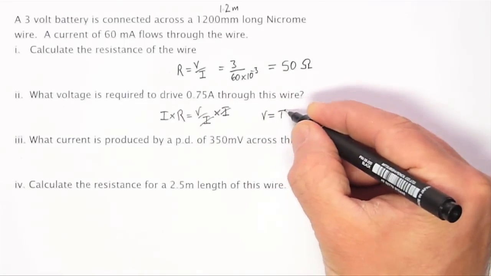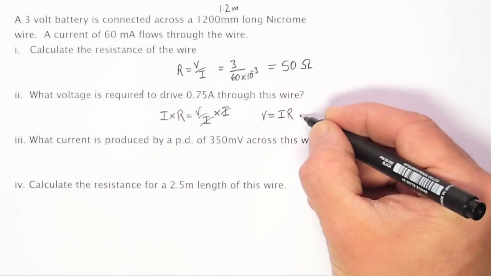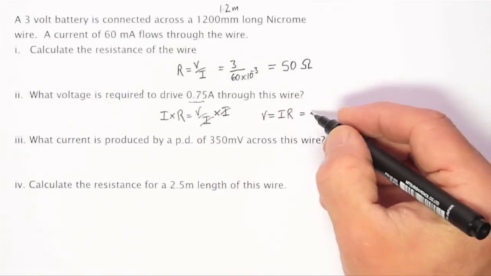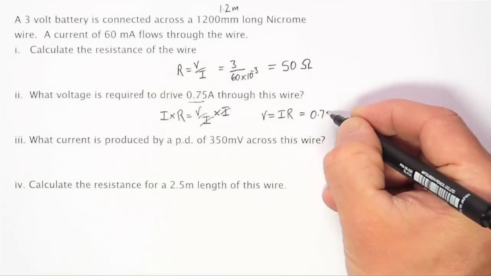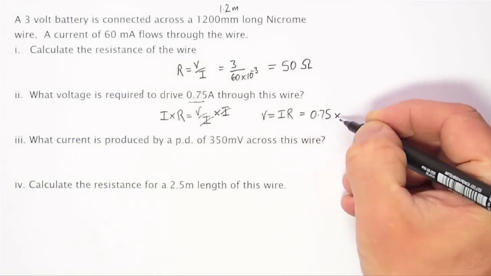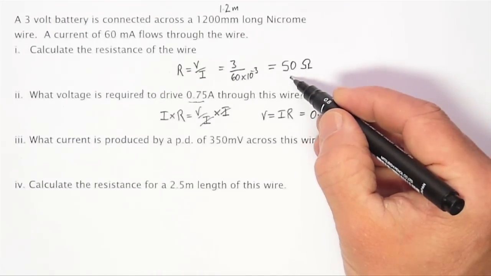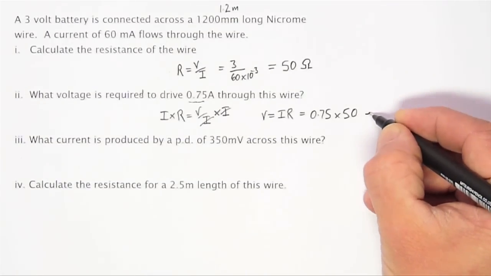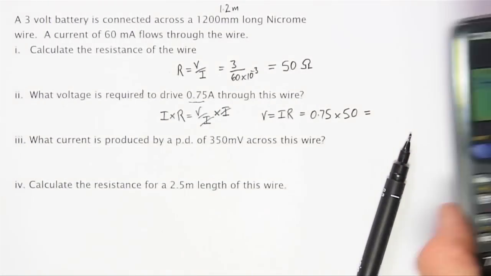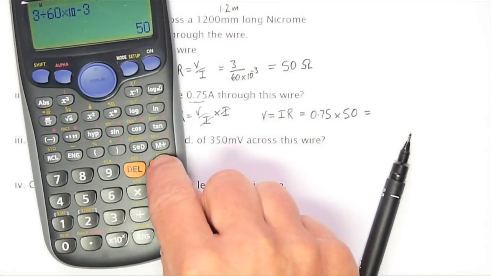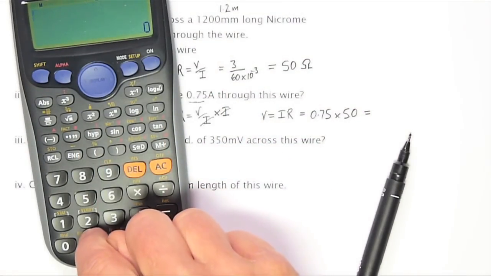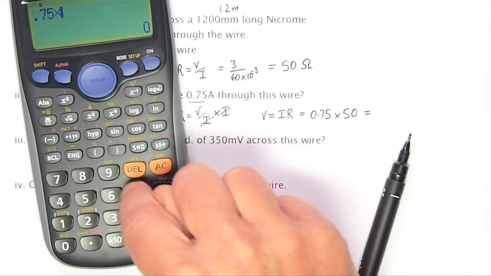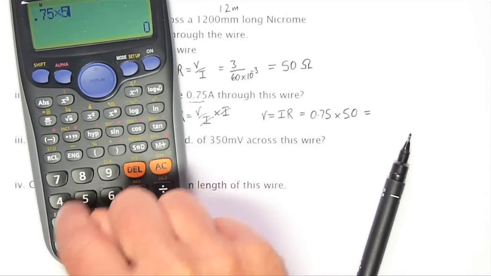V equals IR. The current is 0.75 amps. And the resistance we've already calculated here is 50 ohms. 0.75 multiplied by 50.